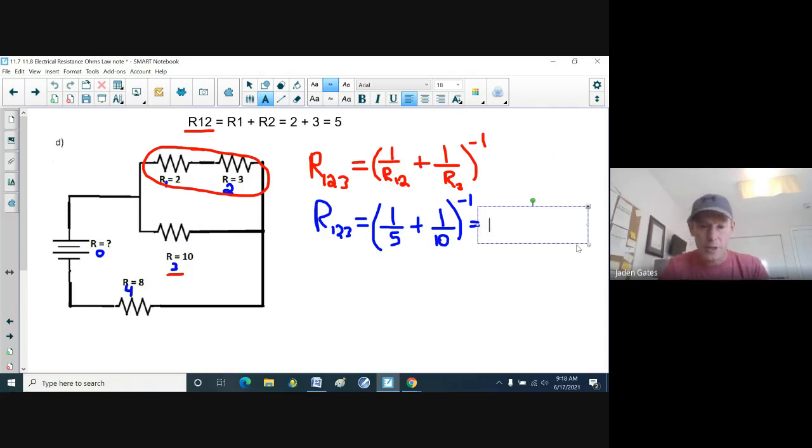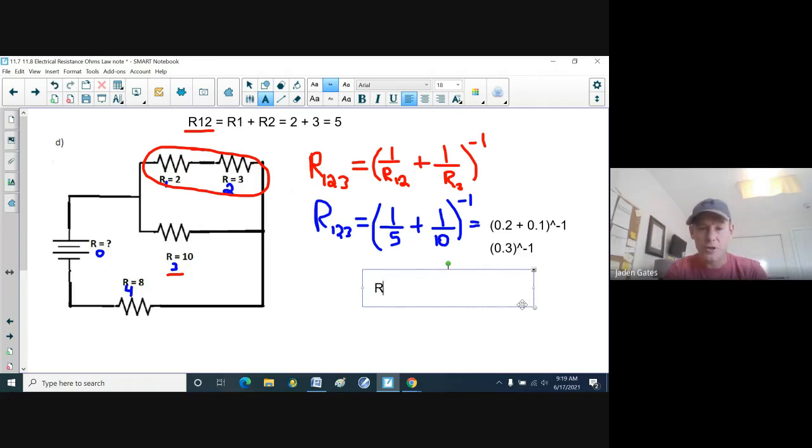All right, so now let's see. 1 divided by 5, I had that a bunch of times today. That's 0.2. 1 divided by 10 is 0.1. And of course, I got to take it to the -1. So that means I'm going to get 0.3 to the power of -1. And I end up with my equivalent resistor R123.